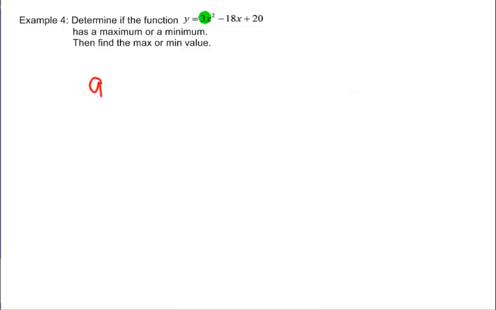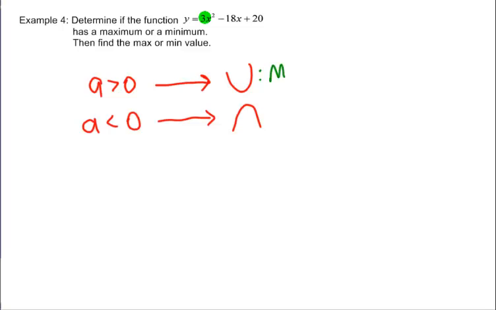If a is greater than 0, then your parabola is going to open like this. If a is less than 0, your parabola is going to open like this. Well, guess what? This guy right here is going to have a minimum value. This guy right here is going to have a maximum value.